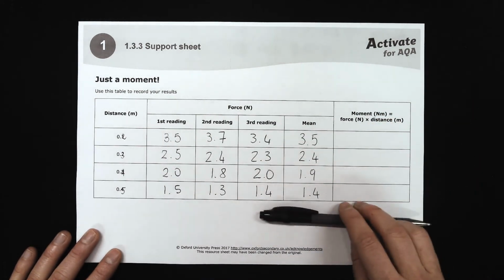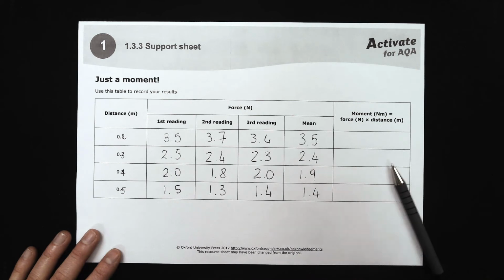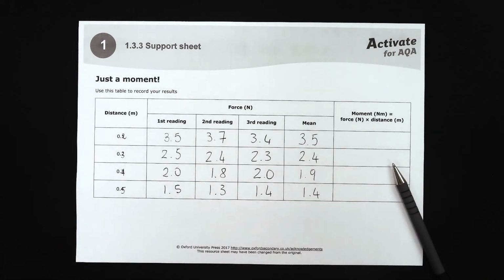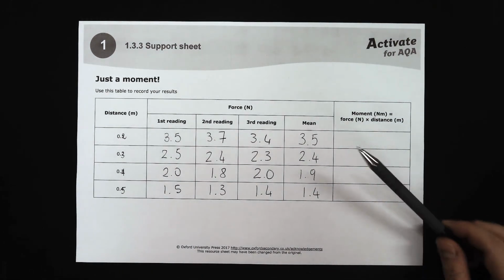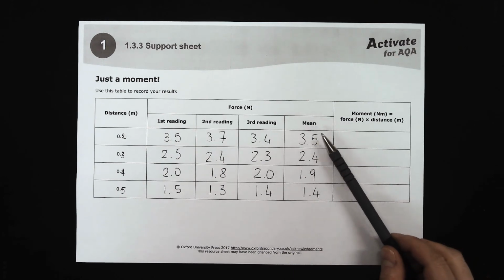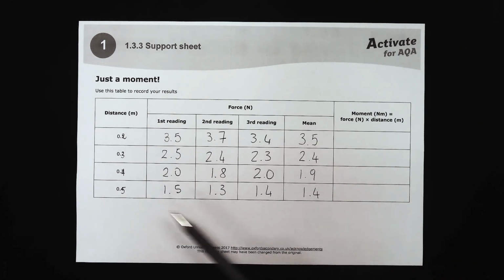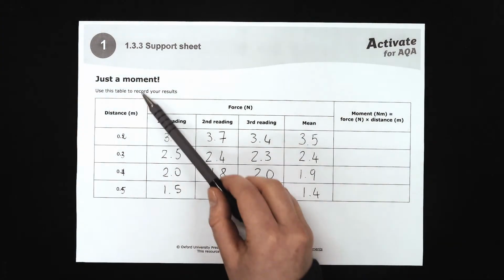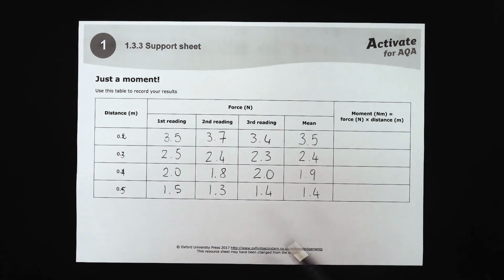I'm going to leave you this to do by yourself and see what you get. But as you can see, it seems that there's a need of less and less force the further away we go from the pivot. Okay, so this is my observation. Let's see if you can come up with different observations by analyzing this data.